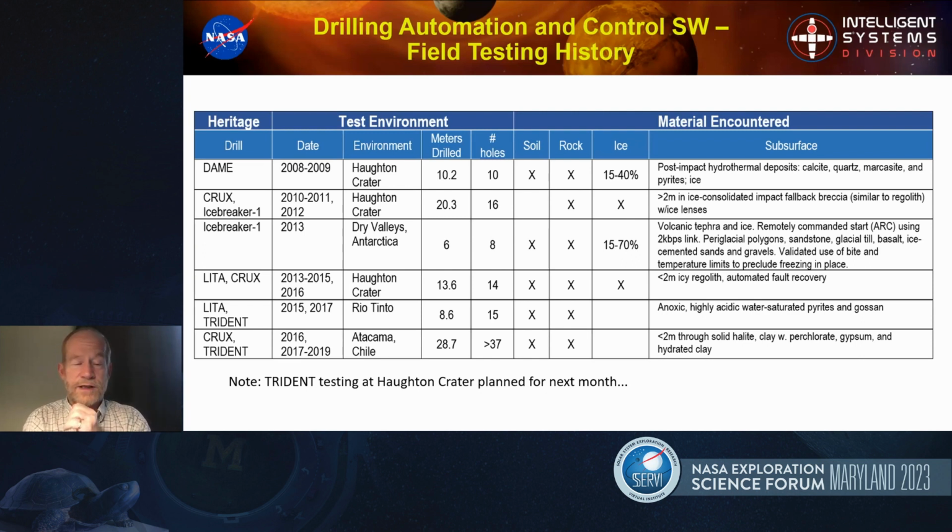Since we have near surface ice and impactites, we really ought to test Trident in that environment as a risk reduction before we actually have these flight missions. In fact, the stuff is actually on its way to Resolute as we speak. So we are following in the footsteps, and we will add another line across this hopefully in the next month's time, characterizing how Trident performed at Houghton Crater.